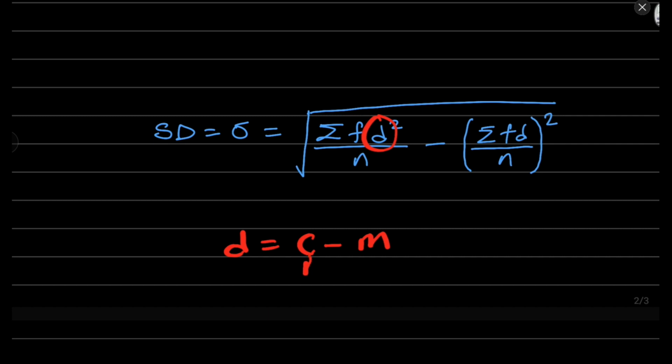C here would just be your class center, M is your assumed mean, and D is C minus M, that is the deviation of your class centers from your assumed mean.